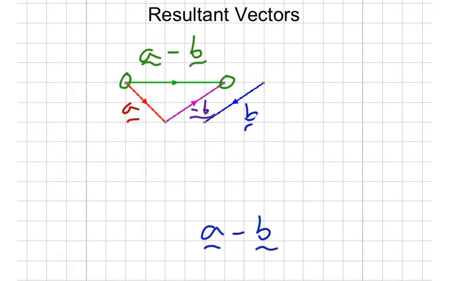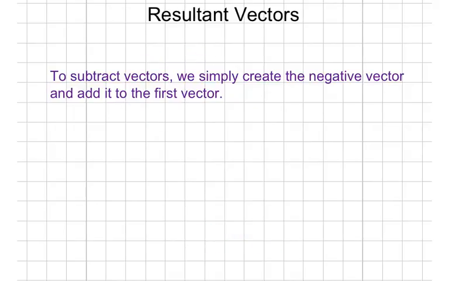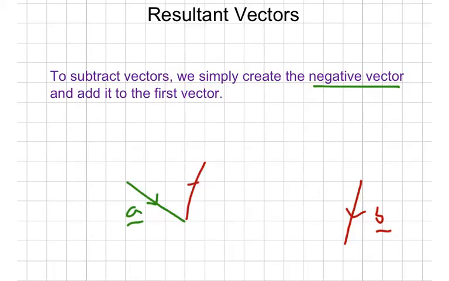So for subtracting vectors we do a similar thing to adding vectors, but first of all we have to create the negative vector, in the opposite direction, and then we add it on. So we do A going that way plus minus B. If B goes like that, then minus B is the same but in the opposite direction.